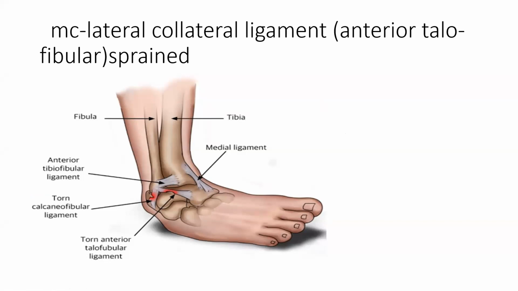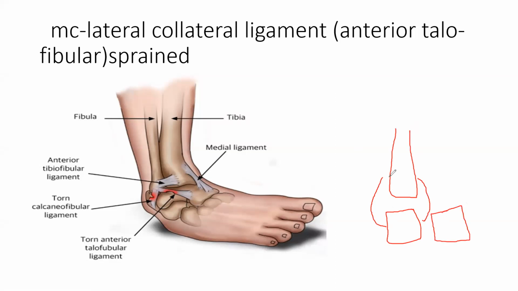In this most common injury of the ankle, or sprain, which is the most common ligament? If the stretching is on this side, obviously the lateral collateral would be damaged. In the lateral collateral, the most common is the anterior talofibular ligament. Consider this is your leg and this is your talus, with normal ligaments. Now your talus will stretch to this area because of the inversion.